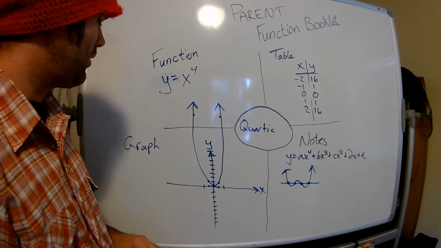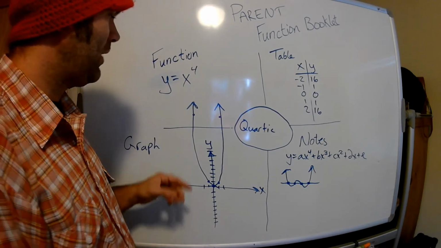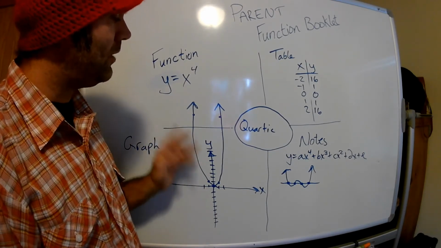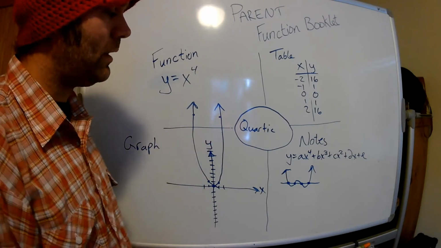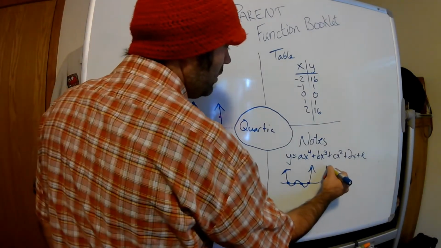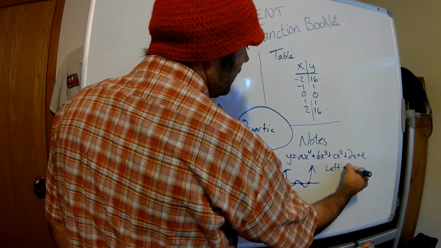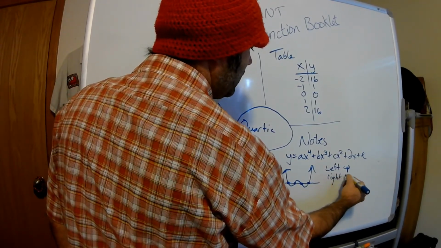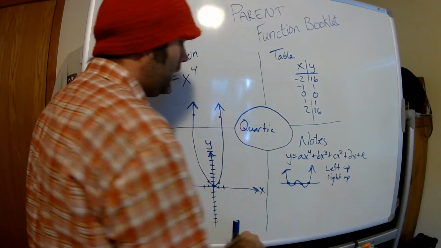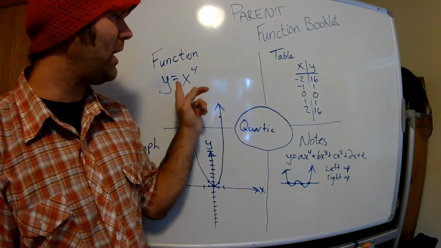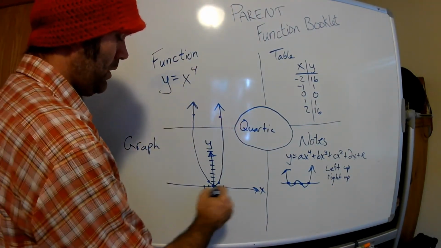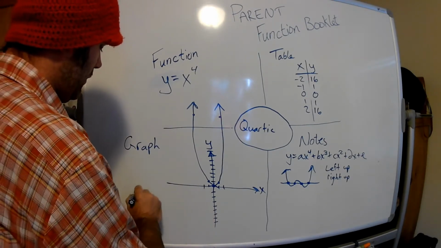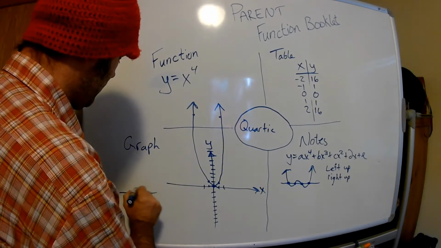All right. So that's our parent function. The main thing that I want us to note is that, yes, it is going up on the left and up on the right. So as we go to the left, we're going up. As we go to the right, we're going up. And again, if we had y equals -x to the 4th, it would be going down on both sides of the parabola.